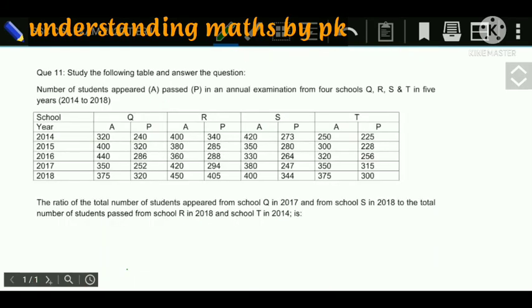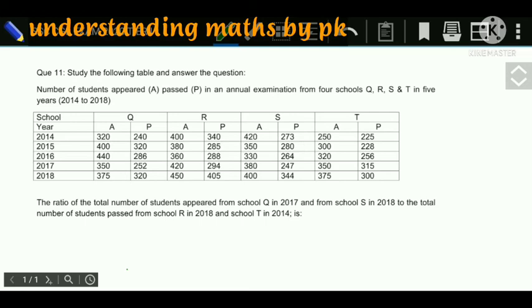Here is question number 11. Study the following table and answer the question. Number of students appeared A, passed B in an annual examination from 4 schools Q, R, S and T in 5 years 2014 to 2018. School QRST, year 2014, 15, 16, 17, 18.